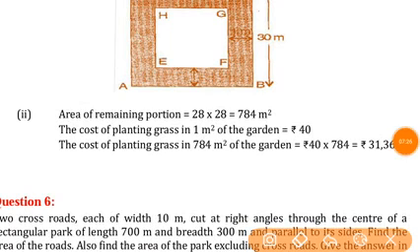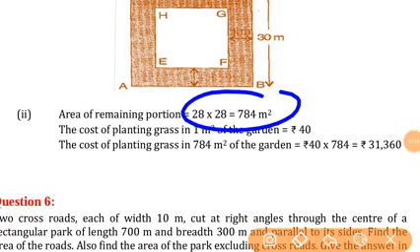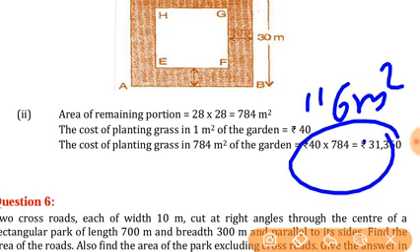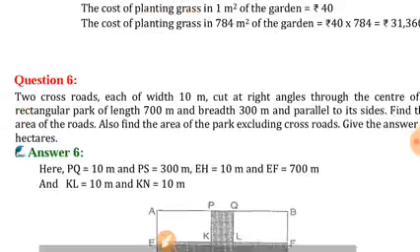Sorry, it is a mistake: instead of 784, the remaining portion is 116 meter square only. Okay, make that correction.